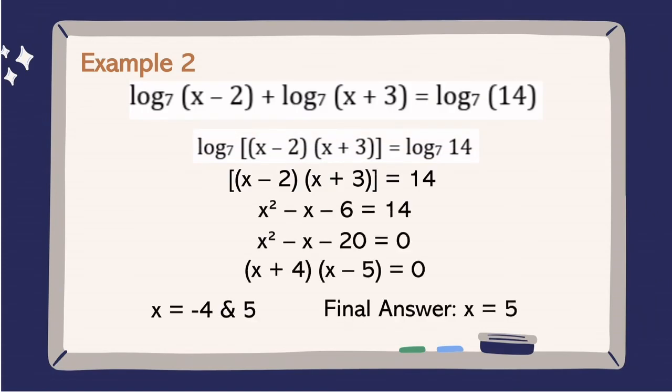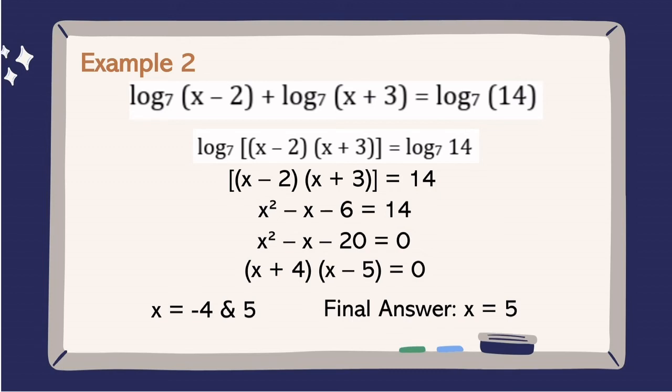Next equation we have to solve is the logarithmic equation: log base 7 of (x minus 2) plus log base 7 of (x plus 3) equals log base 7 of 14. Our solution will be to first simplify the equation by applying the product rule. So now it is log base 7 of (x minus 2)(x plus 3) equals log base 7 of 14.